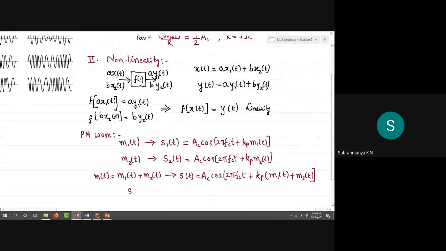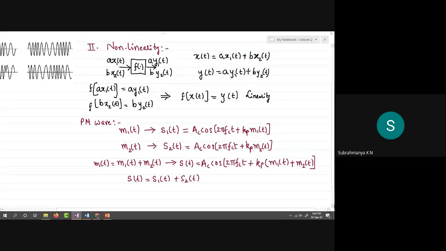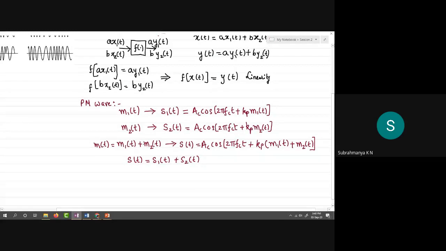Can anybody answer me, is S of t equal to S1 of t plus S2 of t? Does this equality hold good? No, sir. Okay, so it is very evident that this equality doesn't hold good in case of PM modulation.